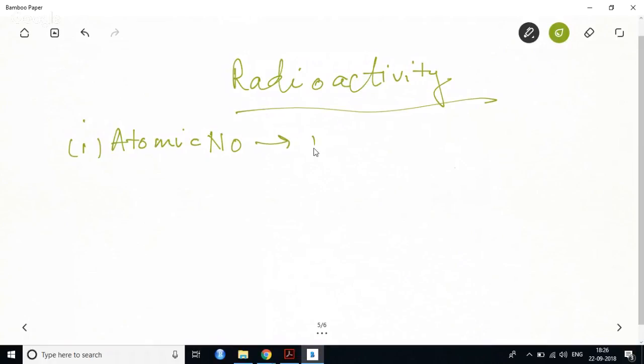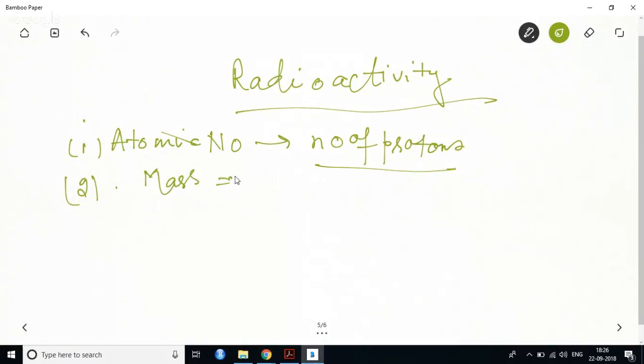The number of protons present in the nucleus is known as the atomic number. What is mass number? The mass number is the number of protons plus the number of neutrons.